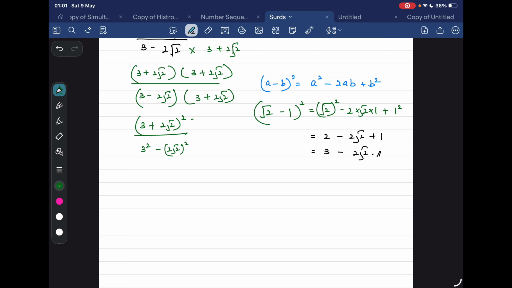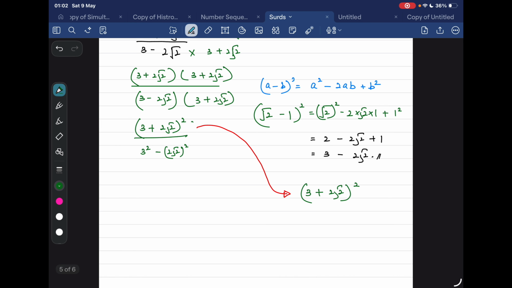I'm going to write it here. Okay, then you could expand it. 3 plus 2 root 2. So first you could expand it.